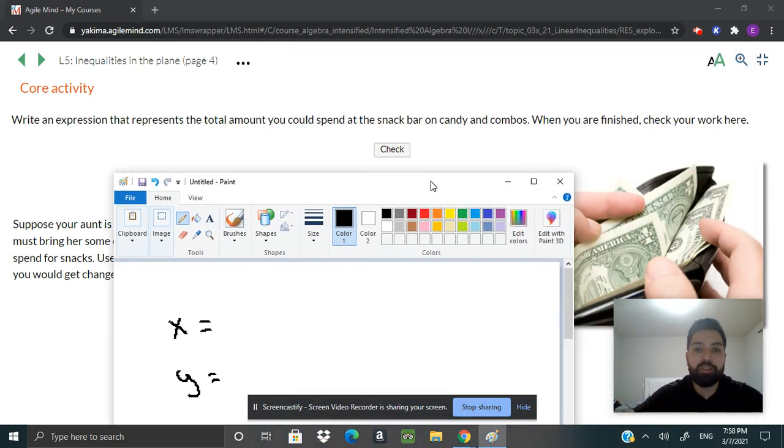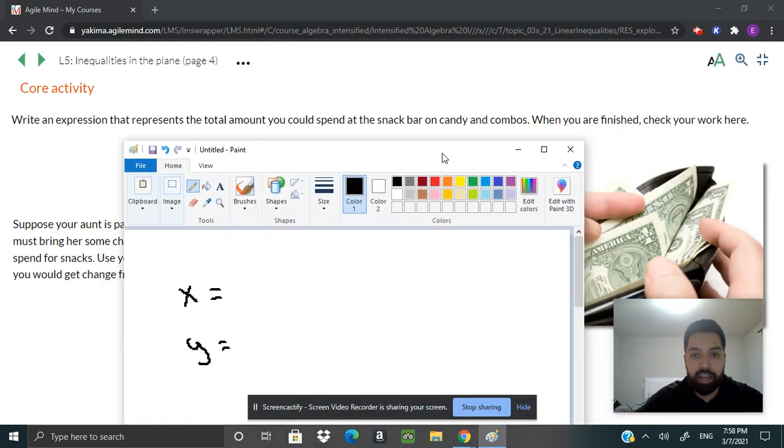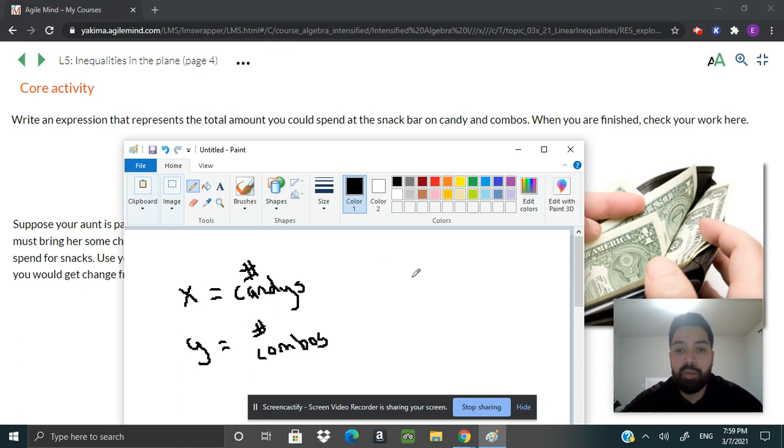So what do they represent? Well, we have two different things here. We have candy. X can be for candy. We'll just use that one. So X represents the number of candies, and Y will represent the number of combos. Okay, so we have our two variables. Now, how much do they cost?